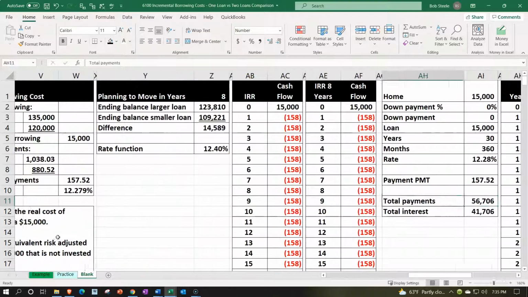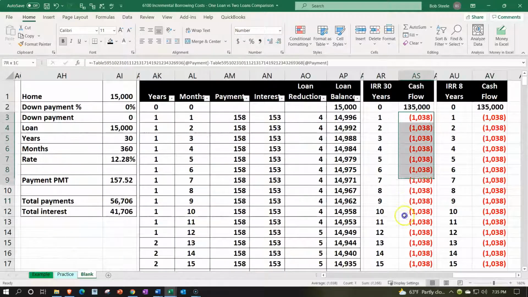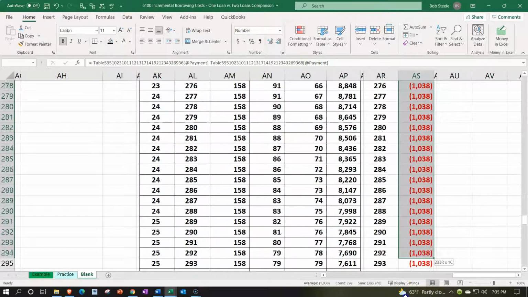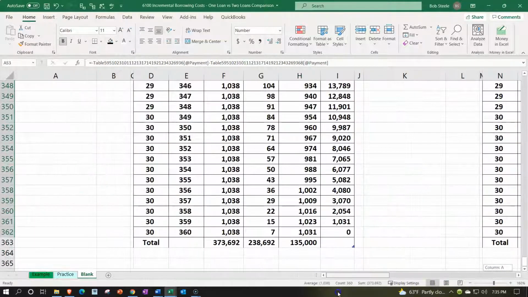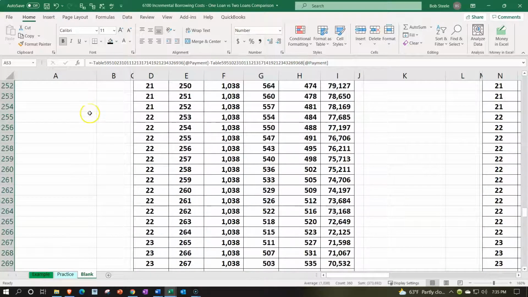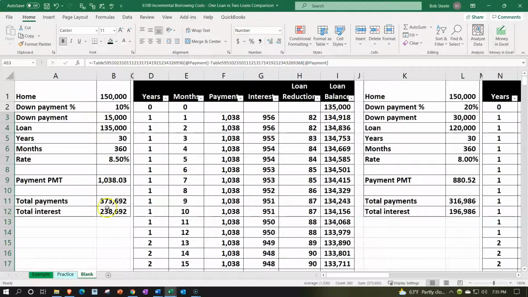Obviously, if the payments are the same over here, so if we added up all the payments, so you can look at it from a cash flow type of standpoint as well, adding them up, 373,692 versus this one is going to be the 373,692. So we got those lining up as well.